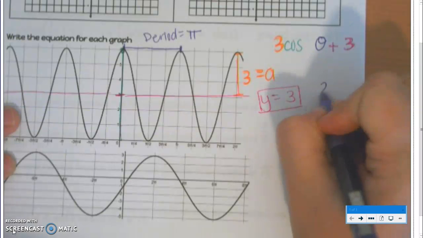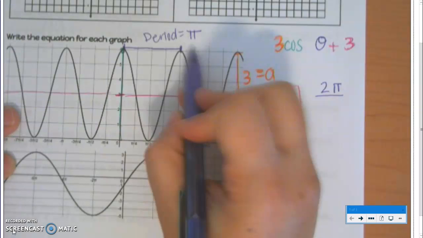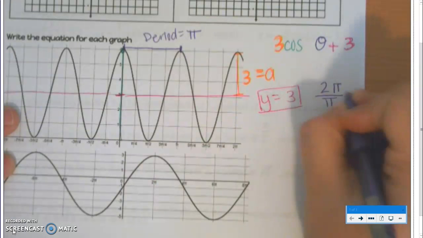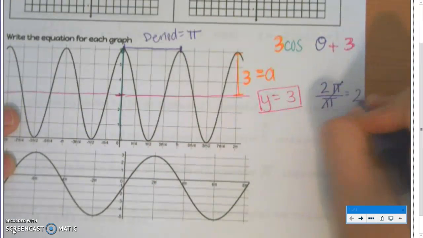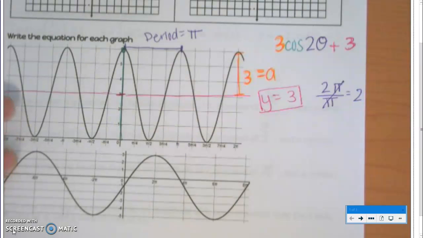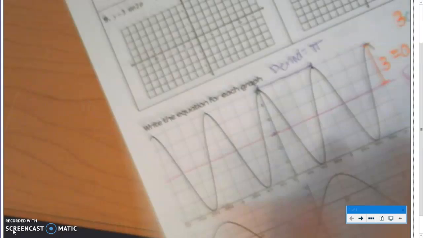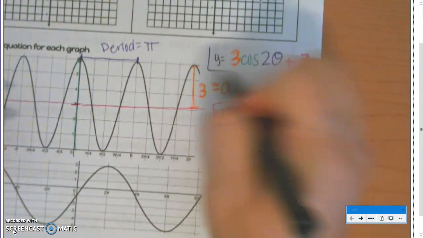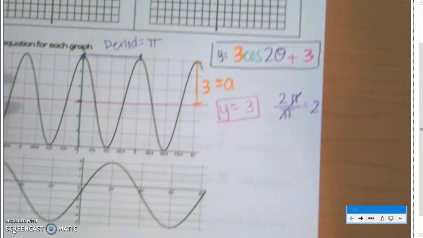I'm going to have to figure out 2 pi over my period. So 2 pi over pi is just going to equal 2. That's what goes in front of the theta. So that's my equation.